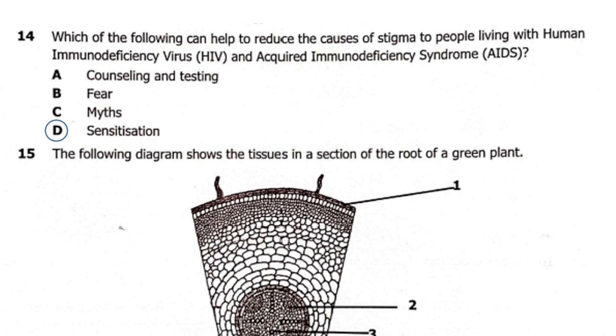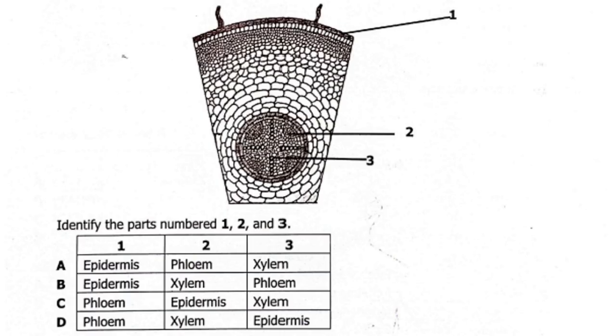Question 15. The following diagram shows the tissues in a section of a root of a green plant. Identify the parts numbered 1, 2, and 3. A. 1. Epidermis. 2. Phloem. 3. Xylem. B. 1. Epidermis. 2. Xylem. 3. Phloem. C. 1. Phloem. 2. Epidermis. 3.